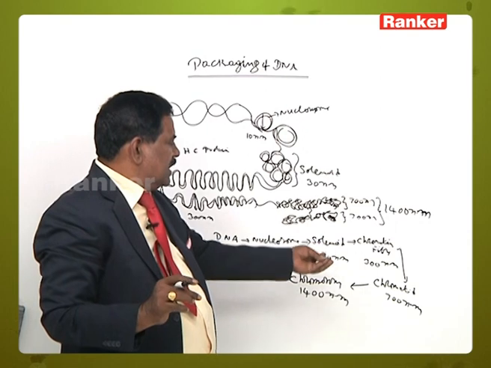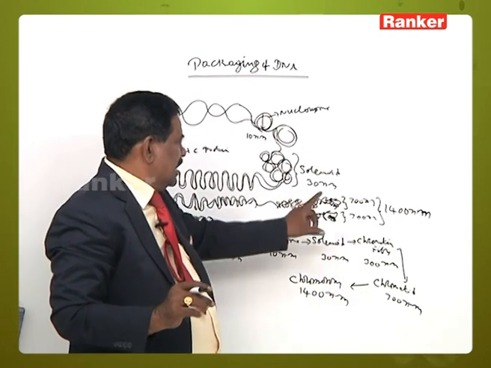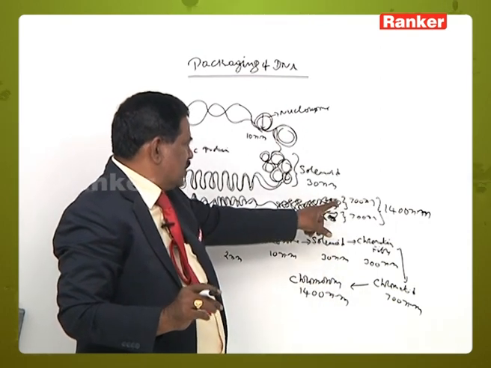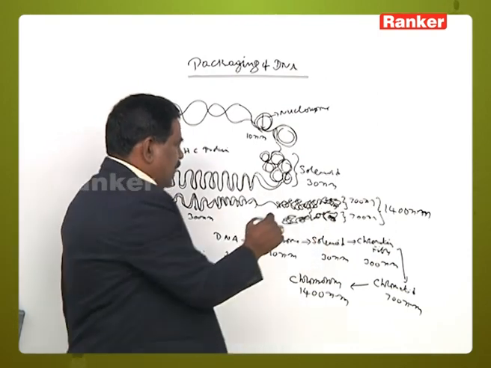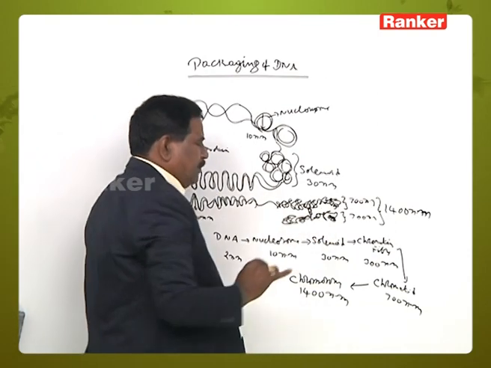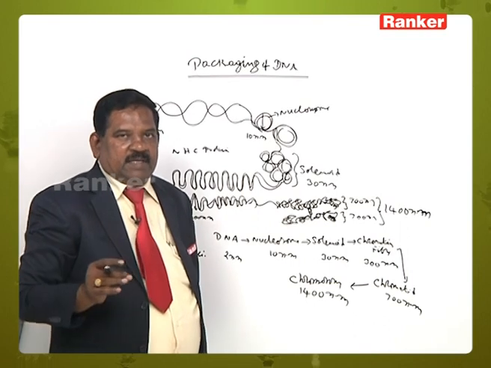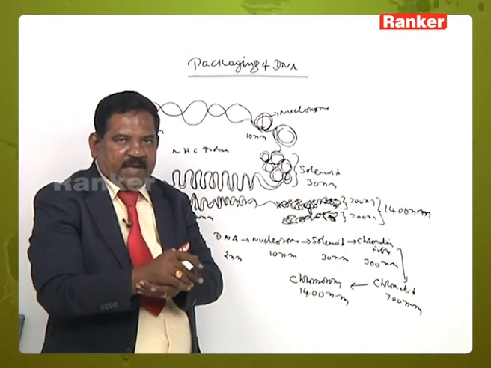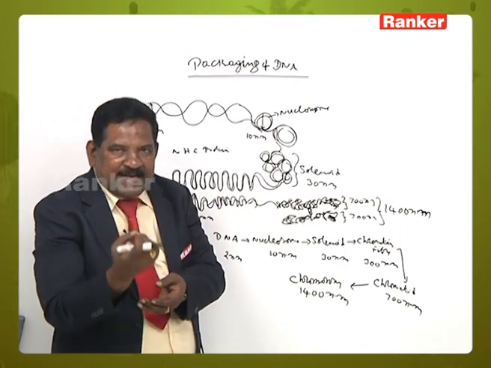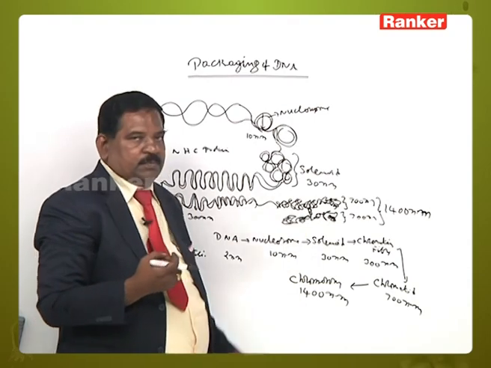700 nanometers is each chromatid, and the 2 chromatids are joined at the centromere. So, it folds in many ways and condenses, and becomes the chromosome.